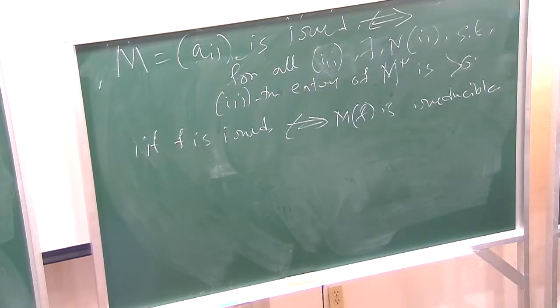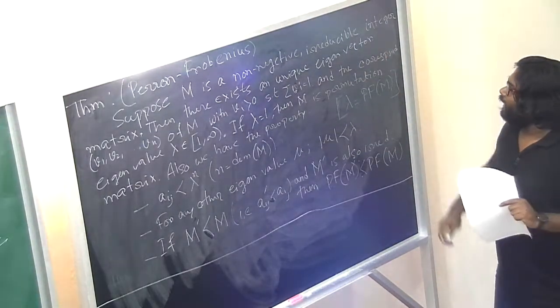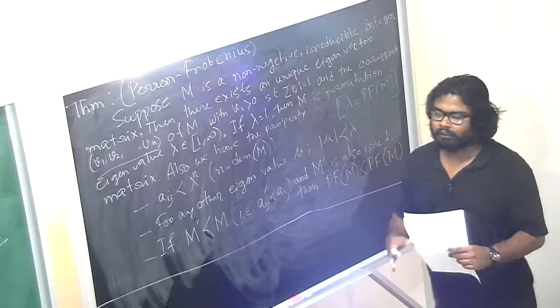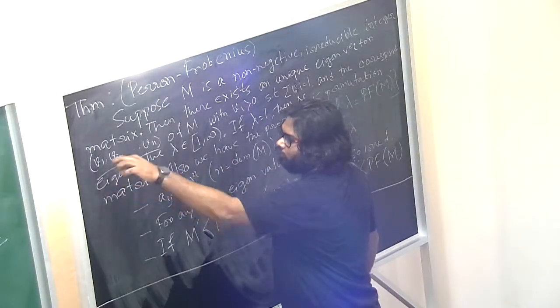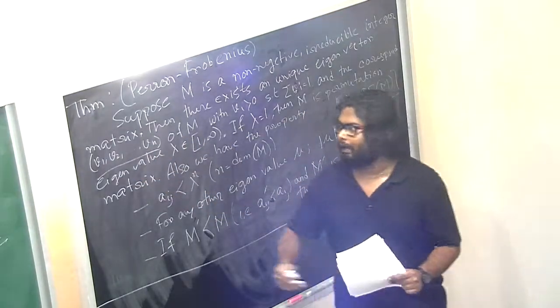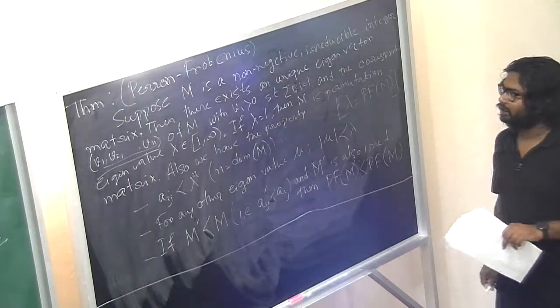Now what is the PF eigenvalue? If I have a matrix which is non-negative, that is all the entries are greater than or equal to 0, and irreducible in that sense, then I am going to get an eigenvector such that all the entries v1, v2, ..., vn are greater than 0.